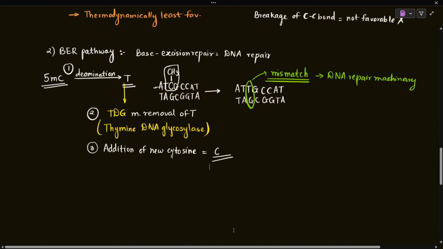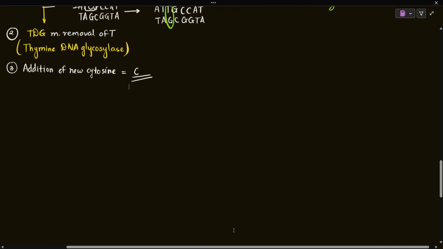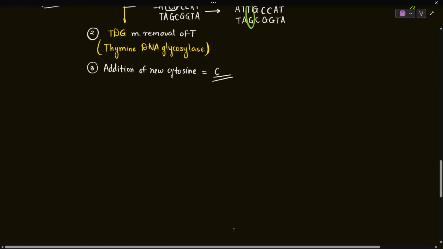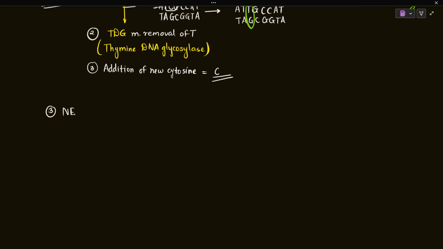The other possible mechanism for DNA demethylation is the NER pathway. As BER was base excision repair, NER is the nucleotide excision repair pathway.